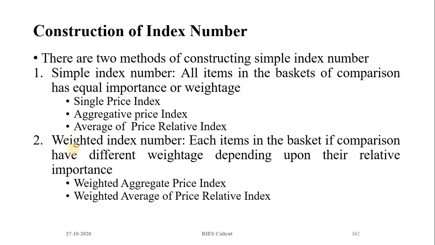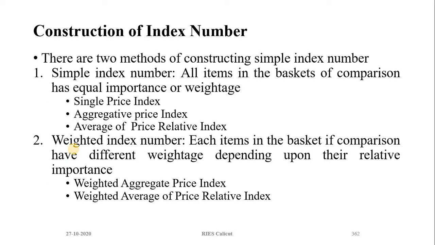In a simple index number, all items in the basket of comparison have equal importance or weightage. So these are the two different types of index number.